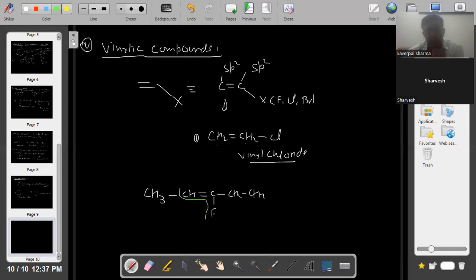This is also vinyl. Oh, vinyl fluoride, sir. Vinylic state. Okay, vinyl chloride. Here vinyl chloride, here vinyl. So double bond character is present here. But in IUPAC, you can name it differently: chloroethene. Similarly here, 1, 2, 3, 3-fluoro, pent-3-ene.